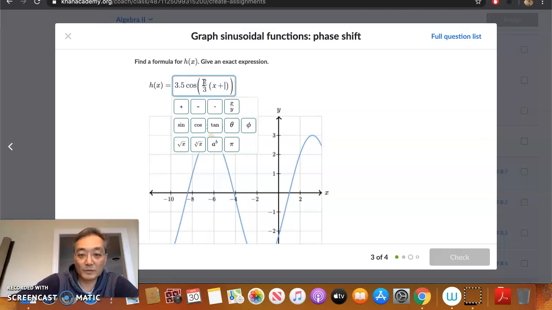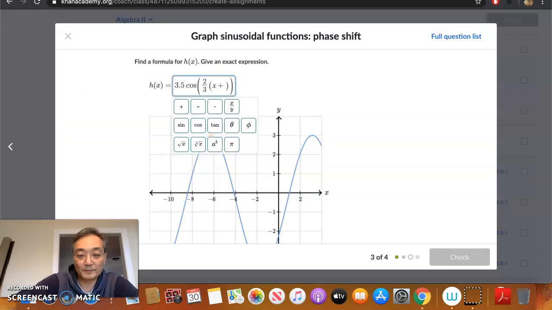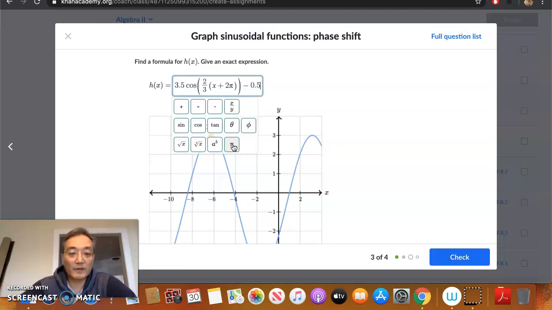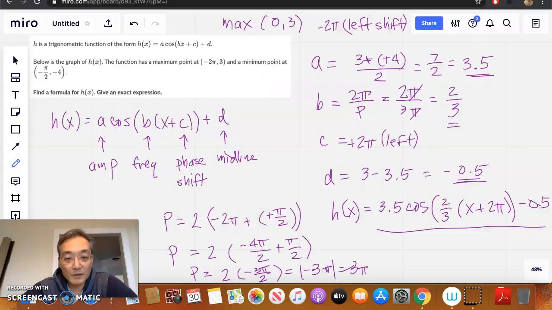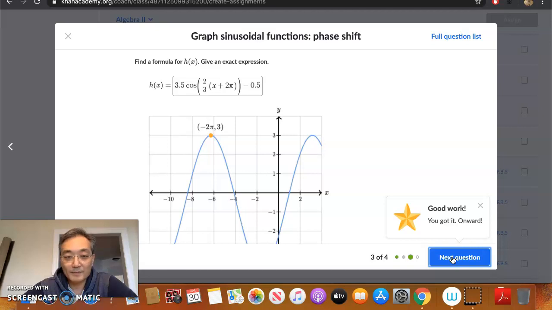We're going to the left, so it's plus, and it's plus 2 pi. Then we close up, and then on the outside I believe it's minus 0.5. If I'm not mistaken, let me just check. Okay, so it's x plus 2 pi, and I think that's it. And that is correct. Okay, guys? All right, great.